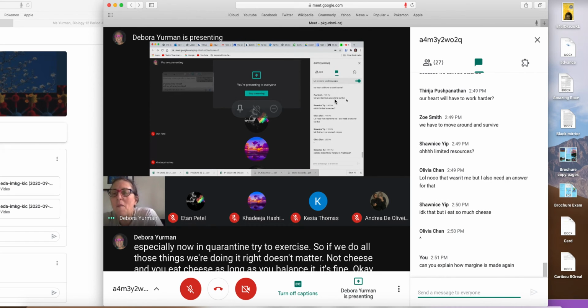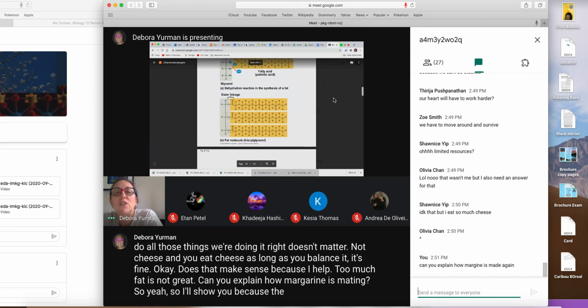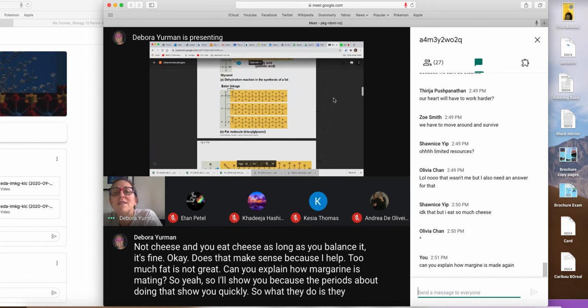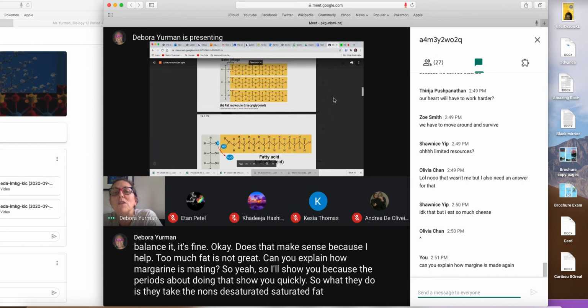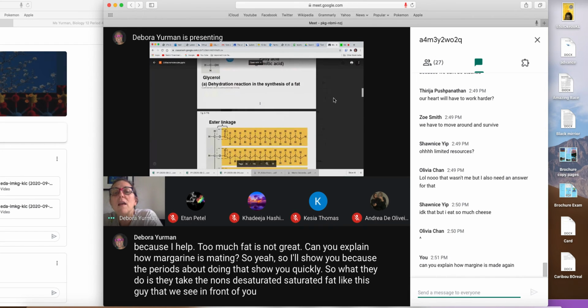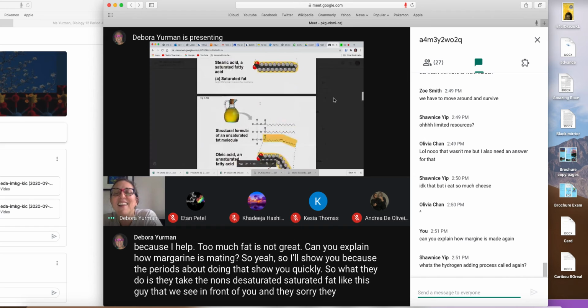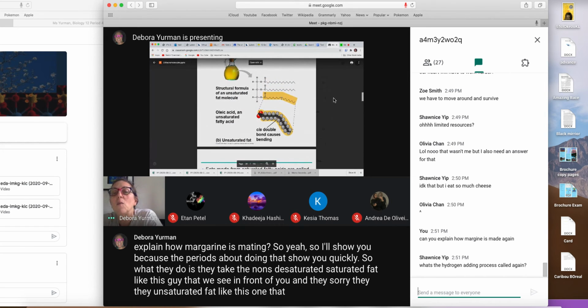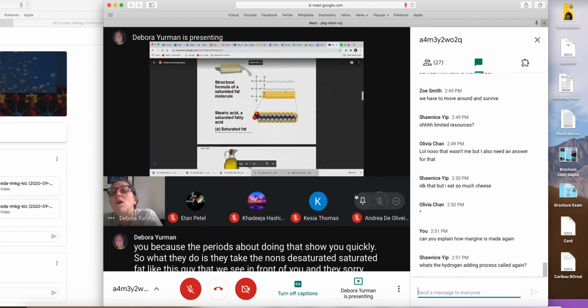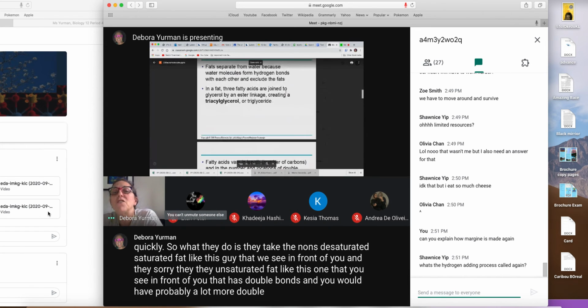Can you explain how margarine is made again? So I'll show you, because the period is about to end, I'll show you quickly. What they do is they take the saturated fat, like this one that we see in front of you, and the unsaturated fat, like this one that has double bonds, and it would probably have a lot more double bonds, and they pump hydrogen into it.